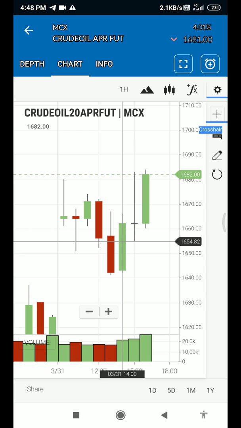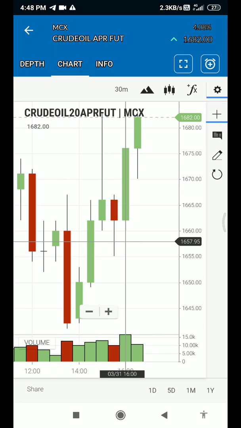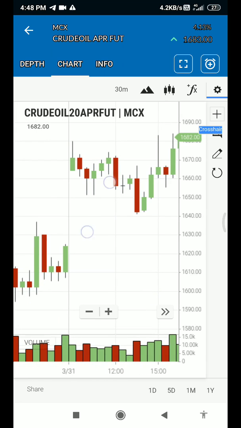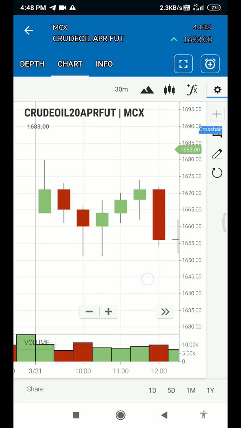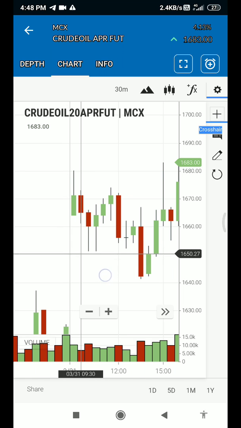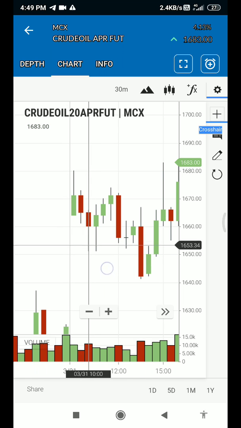Okay, now moving on to 30 minutes time frame. In 30 minutes time frame, what is being indicated? This is how the market shows. At exactly 10 o'clock, we find rejection from lower levels.